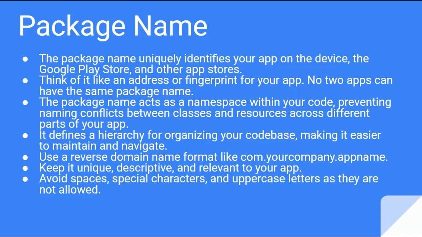But to uniquely identify one application, we provide the package name, and this package name must be unique for every application. And think of it like an address or fingerprint for our application. And also, this is very important, no two apps can have the same package name.